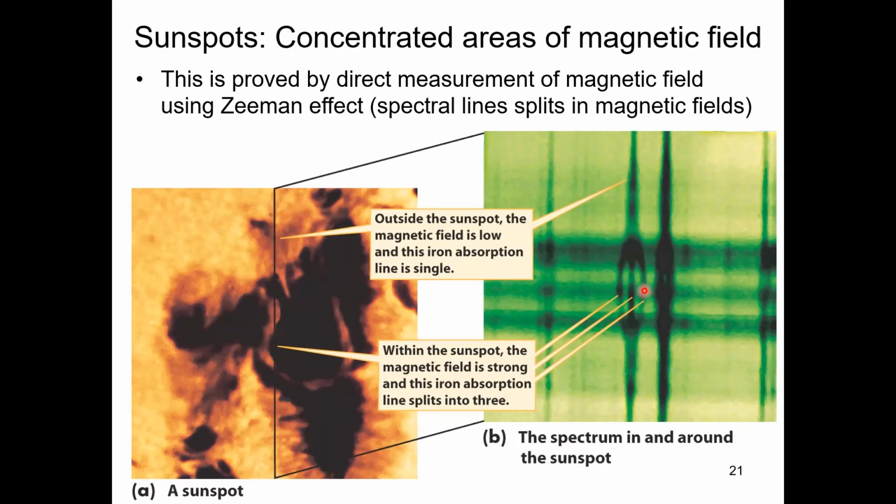Okay, let me ask you this question. When you see this photograph, this spectrum, this is the photograph of the sun where you took this spectrum, and this is the spectrum. Can anybody explain to me what we see here and why it is happening that way?